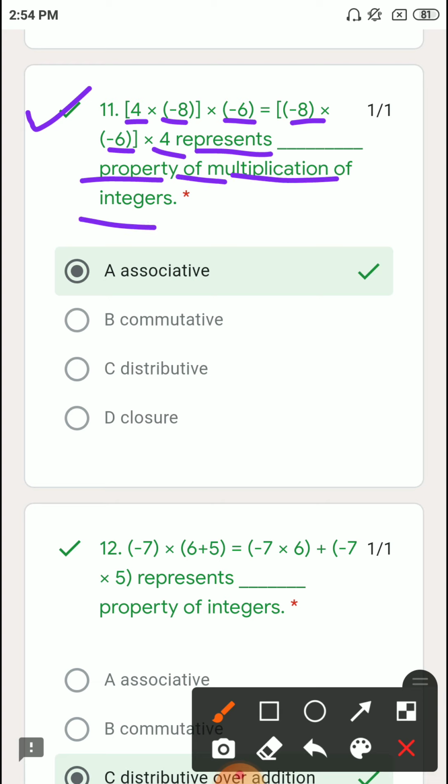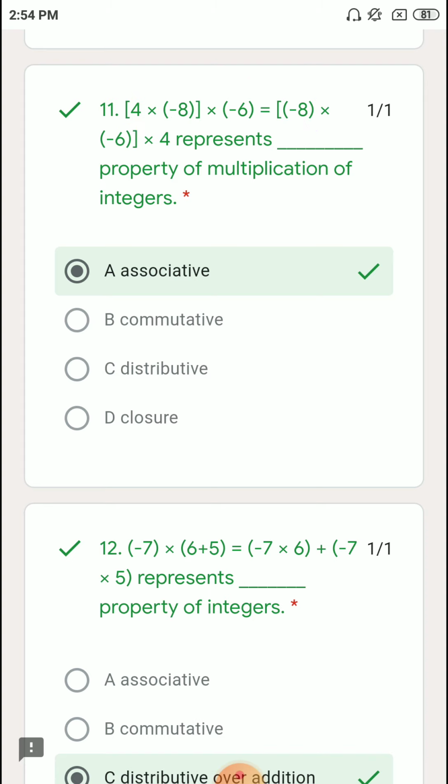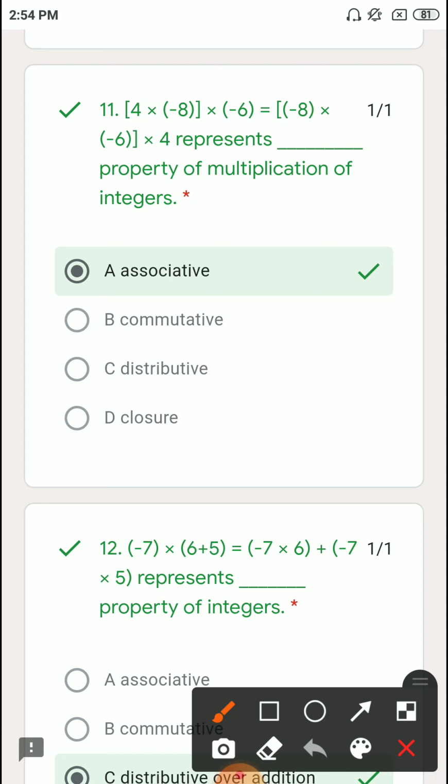So here we have 4, here we have 4, here minus 8, here minus 8, here minus 6, here minus 6. So only the order changes, right? Here in big bracket 4 and minus 8 are written, here in big bracket minus 8 and minus 6 are written, right? Here minus 6 is outside, here 4 is outside. So only the order changes, right?